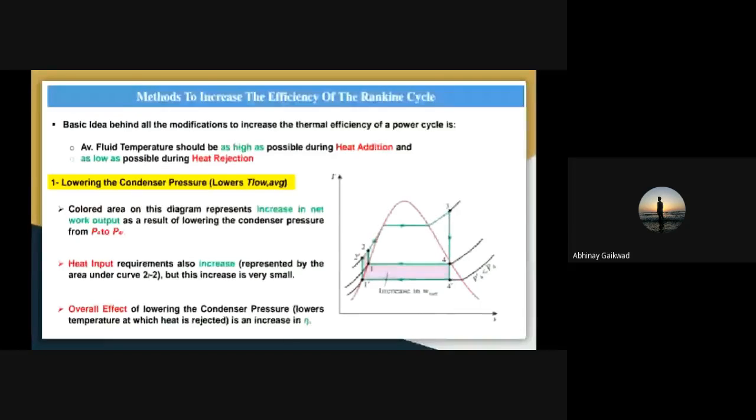Please note down that at the saturation temperature corresponding to the pressure inside the condenser, we are getting the saturated mixture of steam.